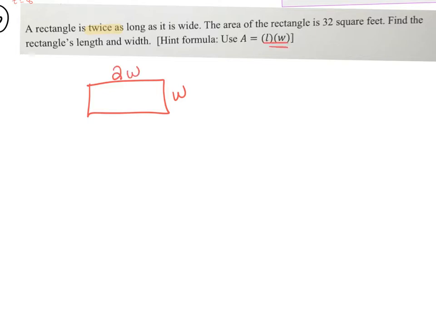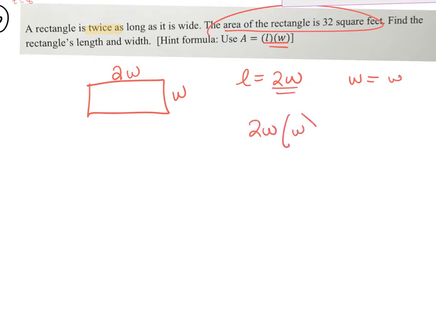The area is length times width, and it's 32. So I know that if the length is 2w and the width is the width, then the length times the width has to give me 32, because that's the formula for the area of a rectangle. Length times width is the area. This gives me 2w squared is equal to 32.